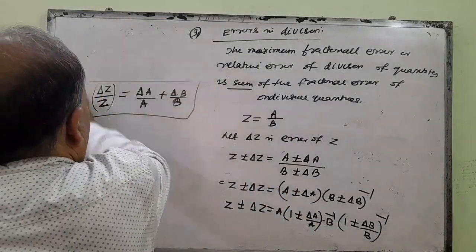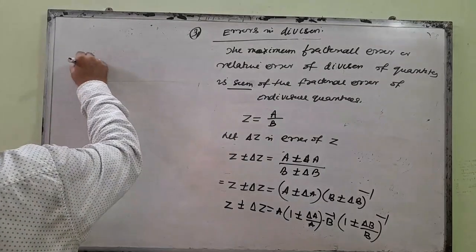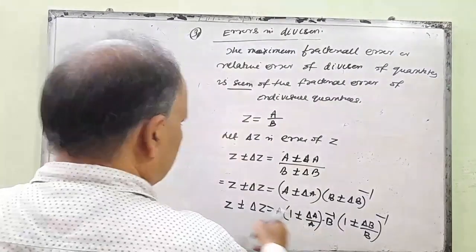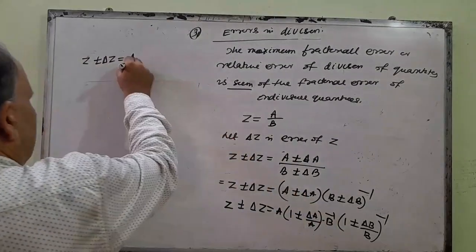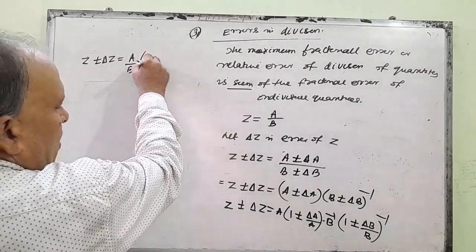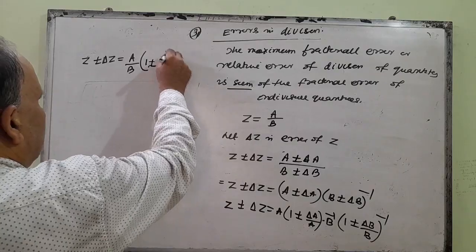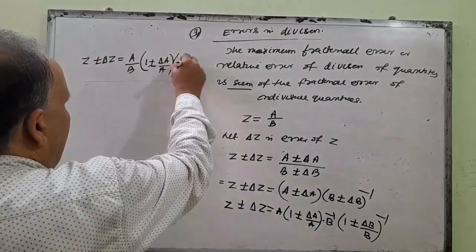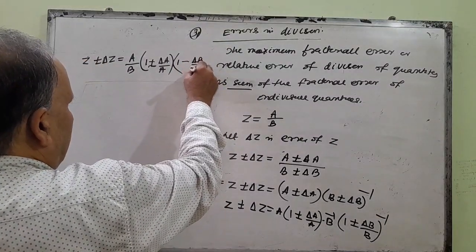So we can write Z plus minus delta Z is equal to A into B to the power minus 1, that means A by B into 1 plus minus delta A by A into 1 minus delta B by B.